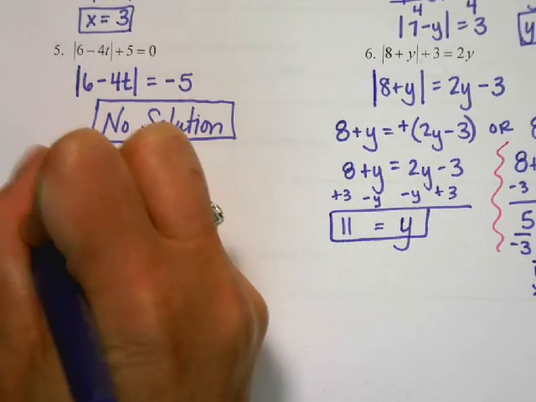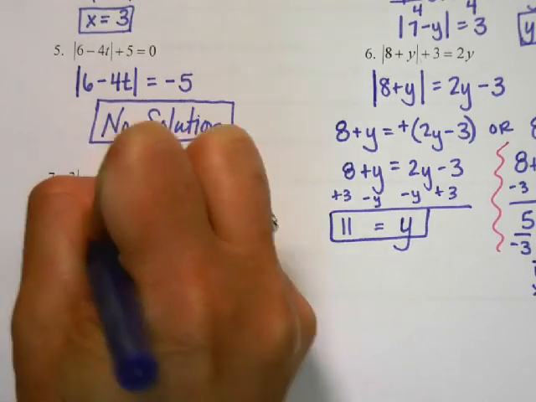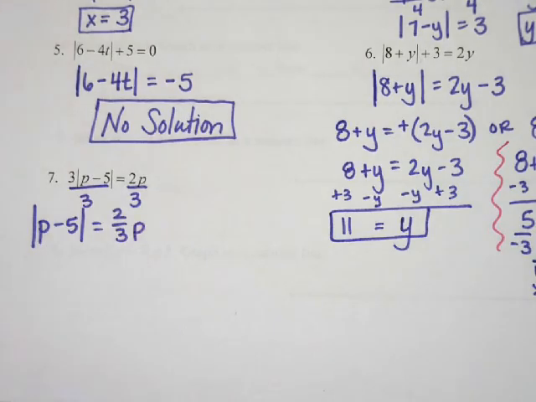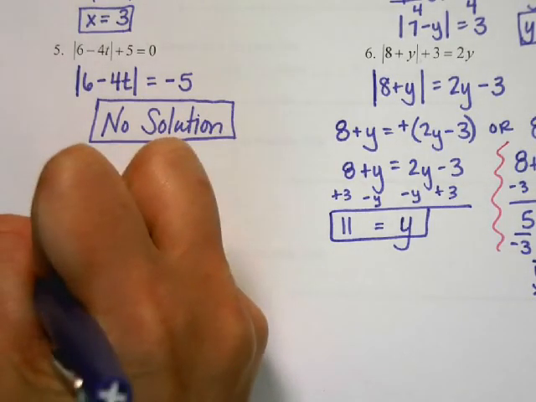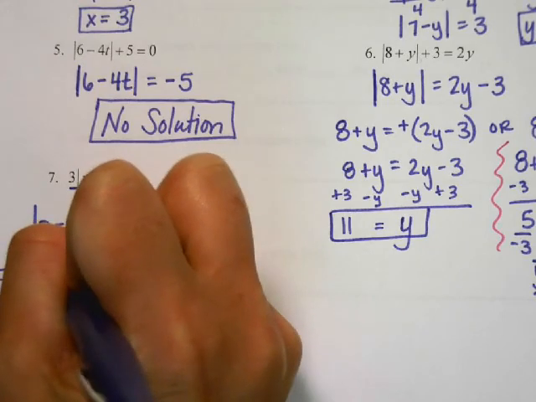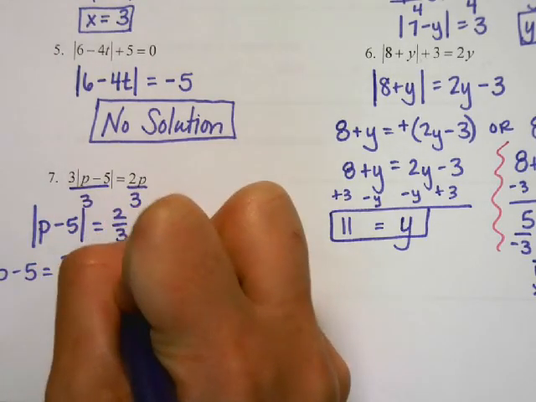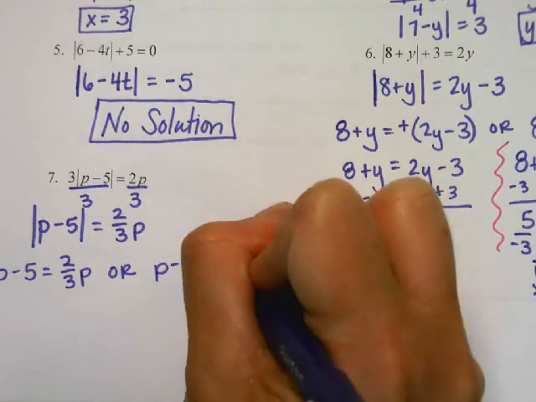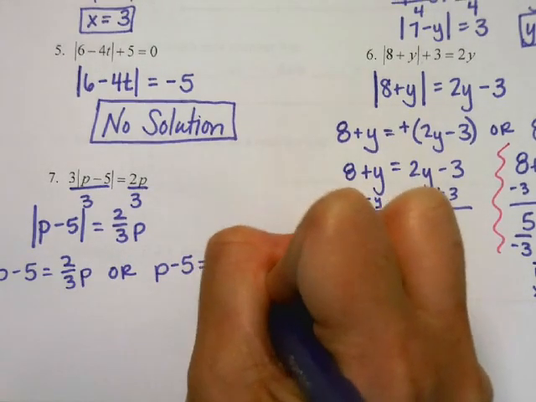So I get the absolute value of p minus 5 is equal to 2/3 of p. Got the absolute value by itself, so now I'm going to separate it into my 2 equations. One's positive, p minus 5 is equal to 2/3 p, or p minus 5 is equal to a negative 2/3 p.